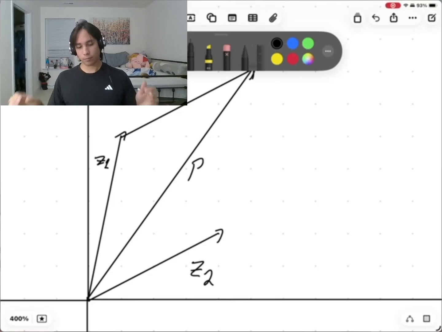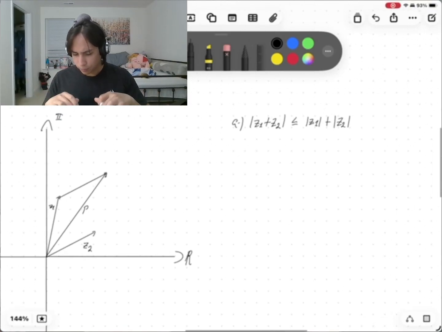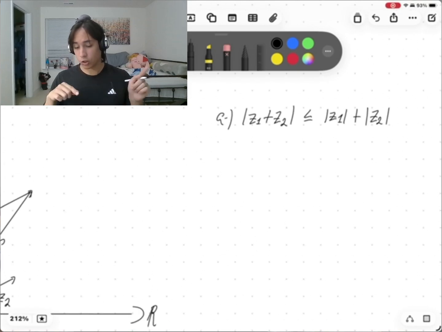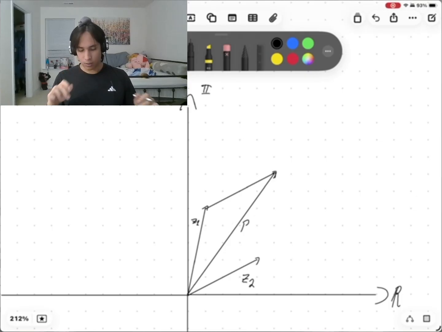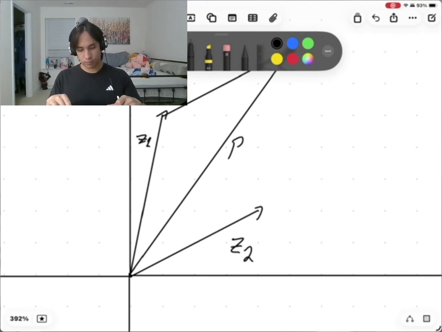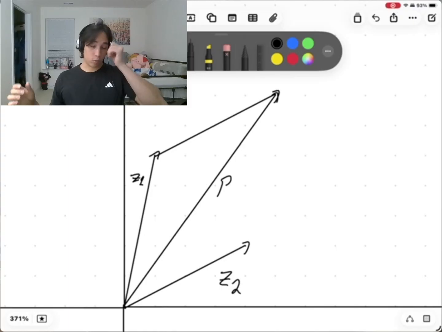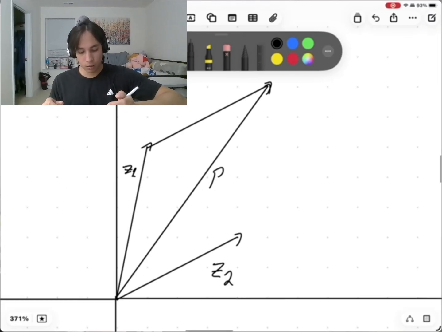So, what was the theorem again? The absolute value of z1 plus z2 is less than or equal to... Right. So as you can see, this also has to do with the angle between z1 and z2, right? Why does it matter?